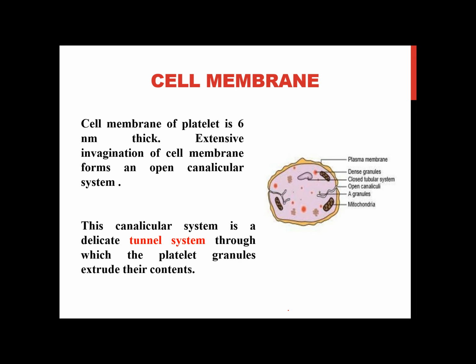So the reason why yung cell membrane nyo class has invagination, yung parang mga layers na pwedeng daanan or mga tunnel, is this allows the platelet granules to release their contents. Because of those passageways or yung mga tunnel system na yan, mas madaling maka-pass through yung mga substances being released by the alpha and dense granules.